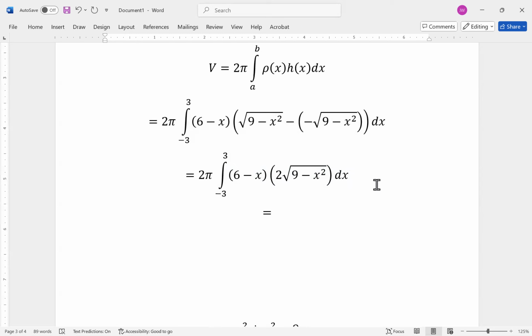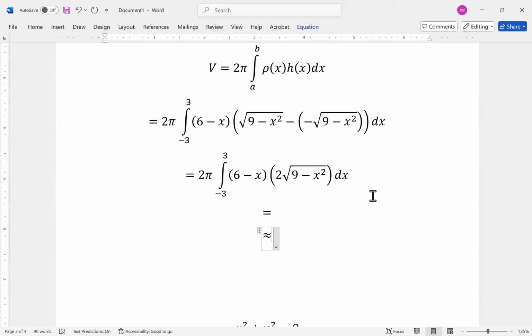I will give you the exact answer in just a moment. But right now, let's just plug this into the calculator. 2 pi, integration from -3 to 3.